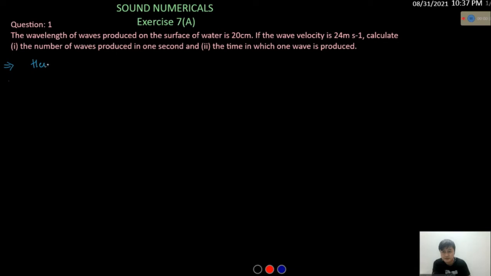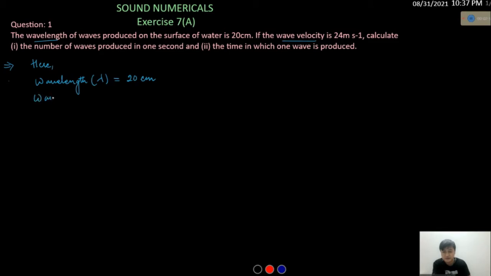Here wavelength is given, so wavelength, that is lambda, is equal to 20 centimeter, and wave velocity is also given.